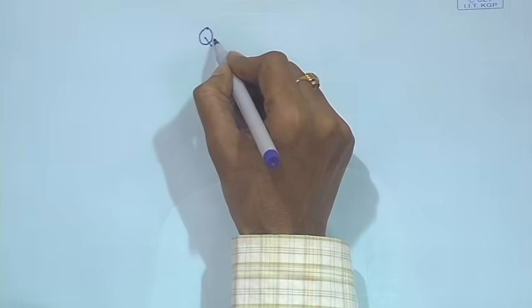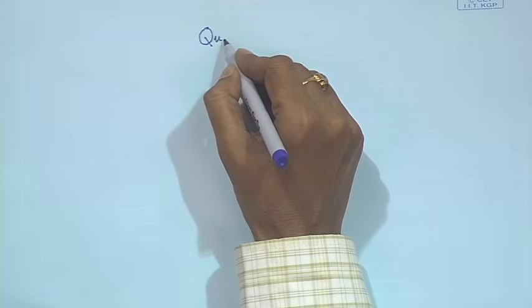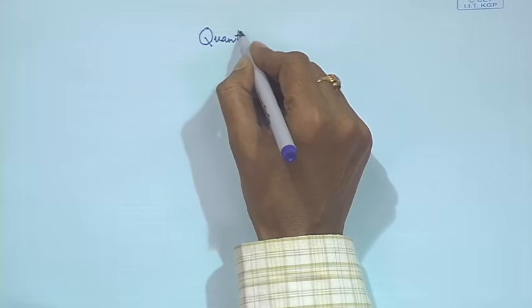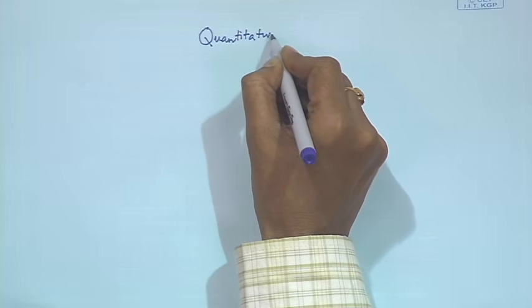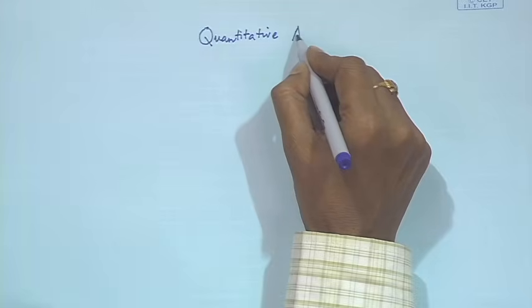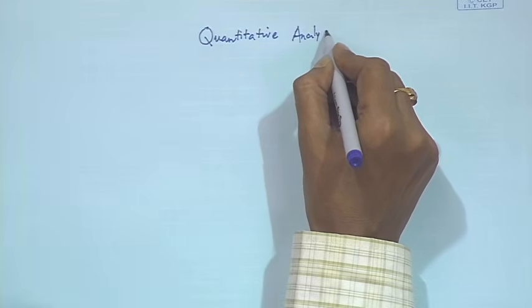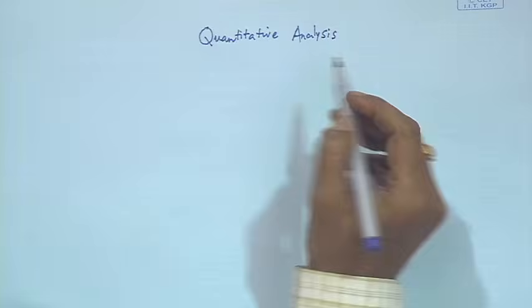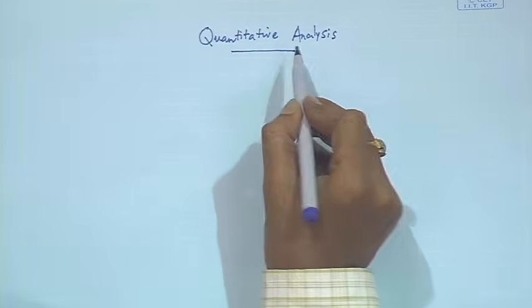In this class, what I told you till our previous class is that we can have two types of analysis. One is the corresponding identification, which is known as the qualitative analysis, and then we can have the corresponding quantitative analysis. So, for any quantitative analysis, we try to know the quantity.